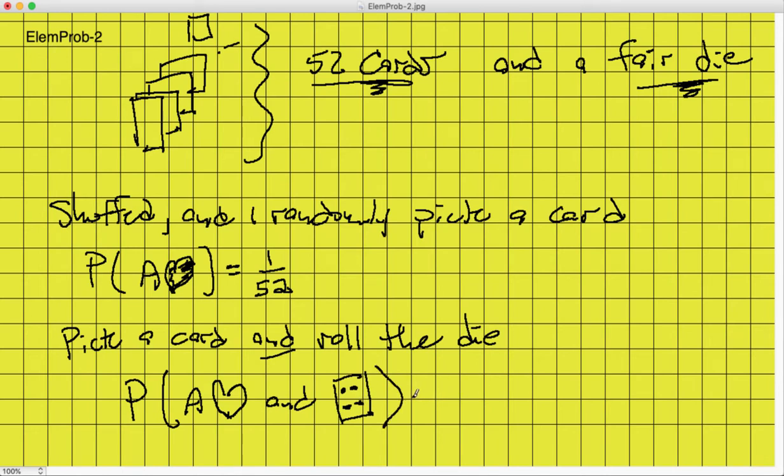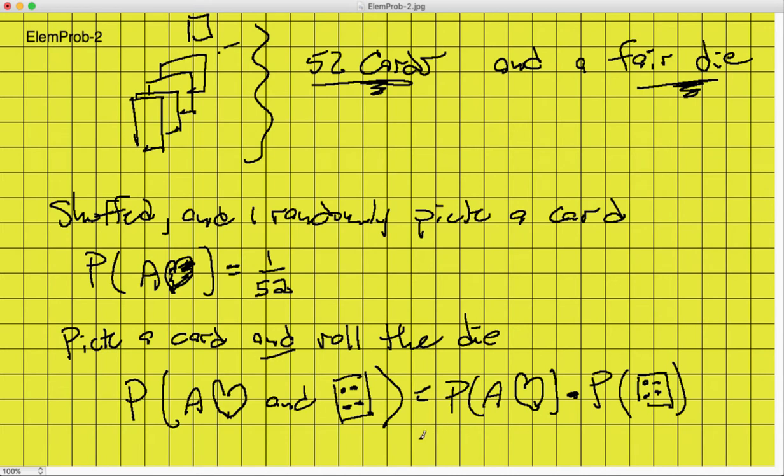Now, when you think about this, you would realize that the probability of rolling a 4 has nothing to do with the probability of drawing the ace of hearts or vice versa. In fact, this is just equal to the probability of an ace of hearts times the probability of a 4.